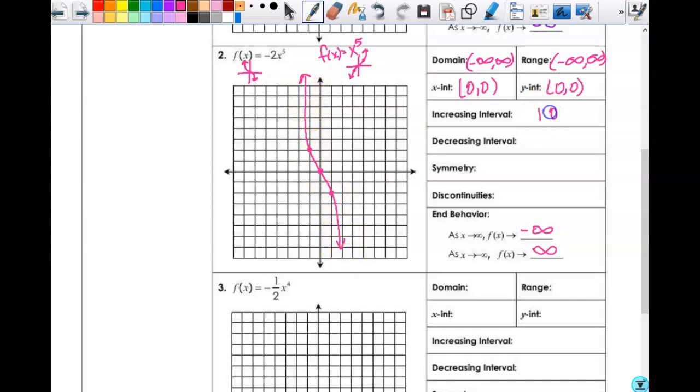So increasing is none, and decreasing is negative infinity to infinity. Symmetry is about the origin. And there are no discontinuities, okay? So power functions, super simple, but what we're really going to focus on with this is the end behavior.